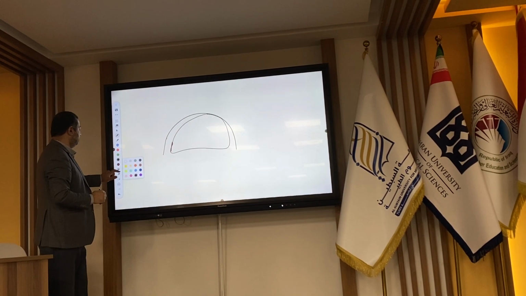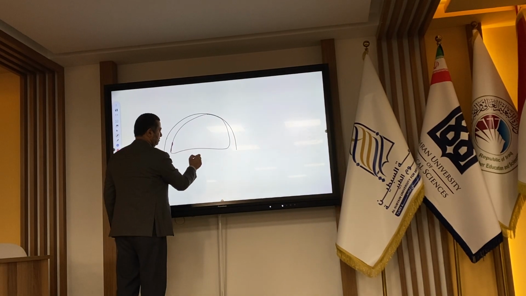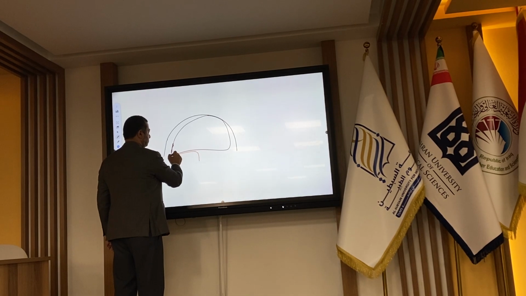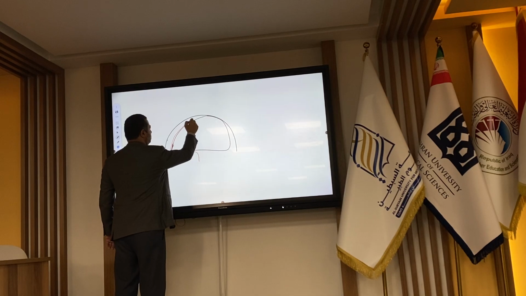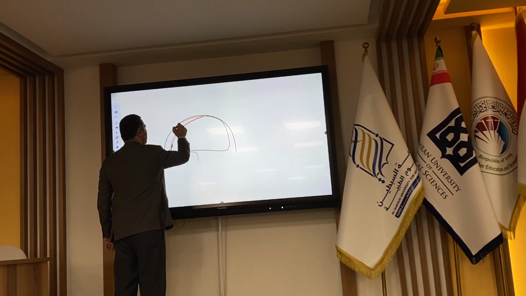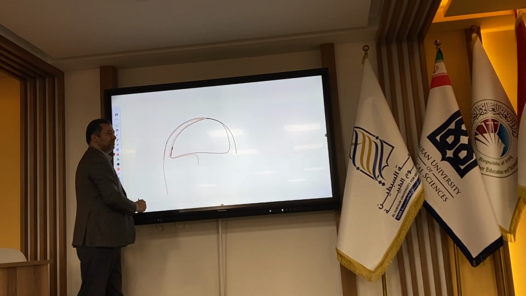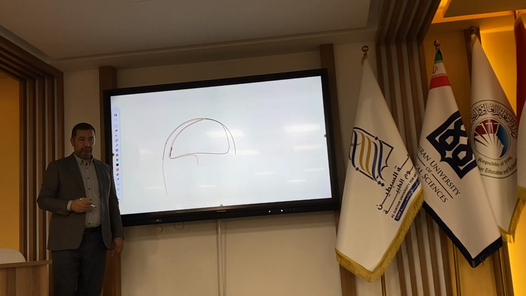And you imagine this is visceral peritoneum that covers inferior surface, anterior and superior surfaces of the liver, and then reflects to the inferior surface of the diaphragm and anterior wall of the abdomen.